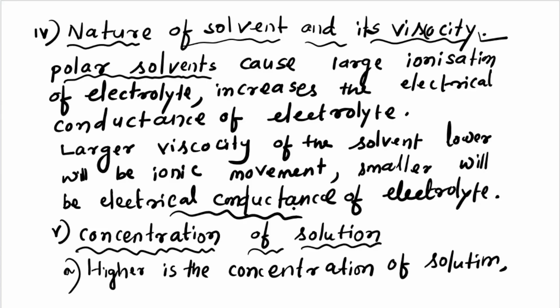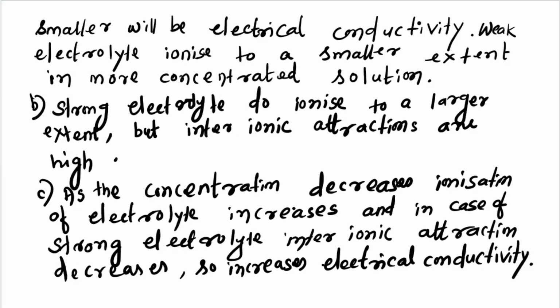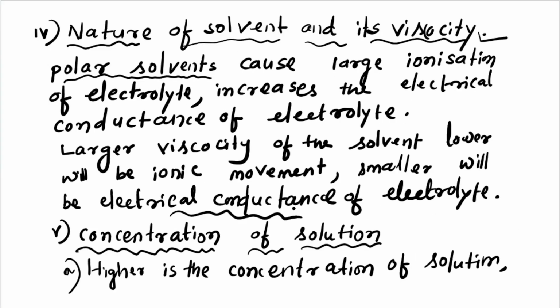Then concentration of the solution. What do we mean by concentration? That means the amount of solute in water. If the solute particles or electrolyte are very few and there is more water, that is called low concentration.